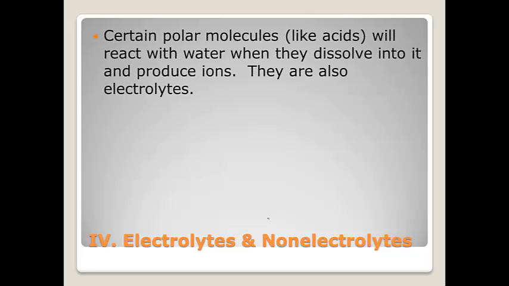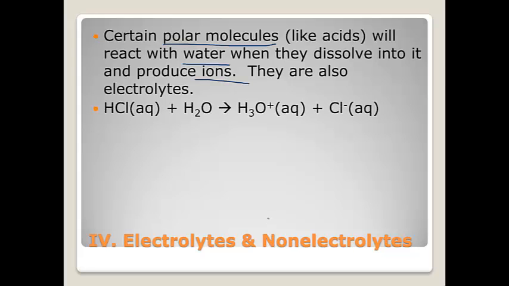Certain other polar molecules will react with water when they dissolve into water. Even though these do not have a charge, because they react, they turn into ions. These are also going to be electrolytes. An example: a hydrogen chloride molecule, when we dissolve it into water, becomes hydrochloric acid.